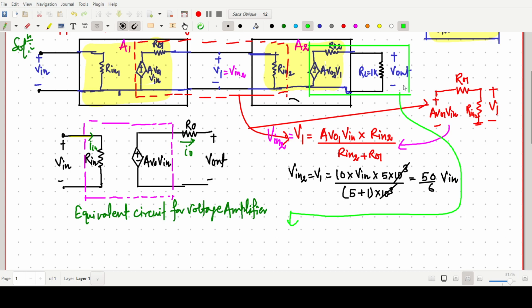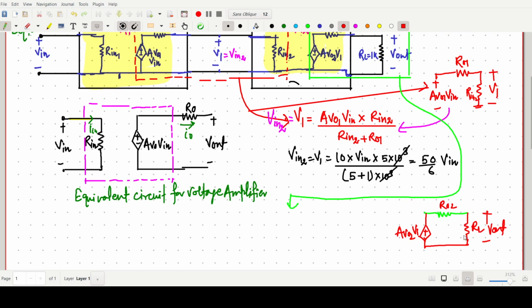So what we can directly write, or I am just making the same circuitry. This one is RL, R naught 2, and this one is some voltage, AV naught 2 into V1. So we have to find this voltage V output.